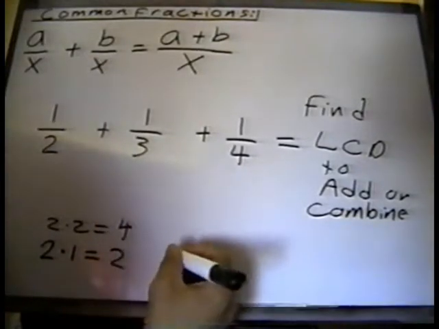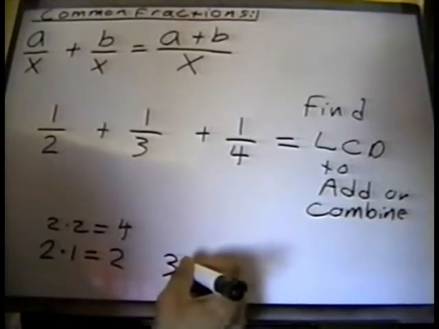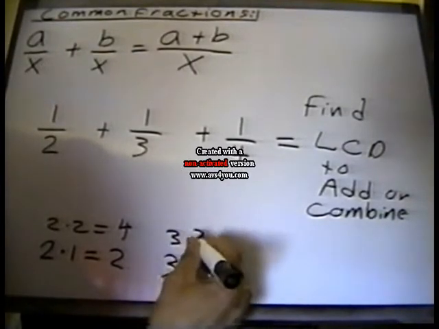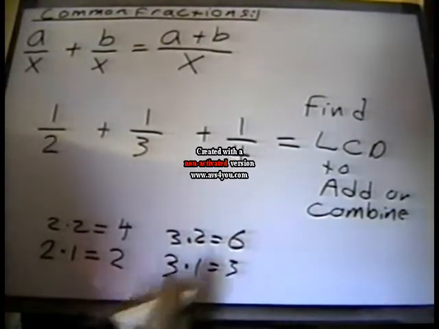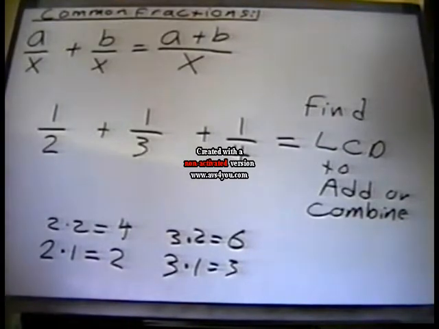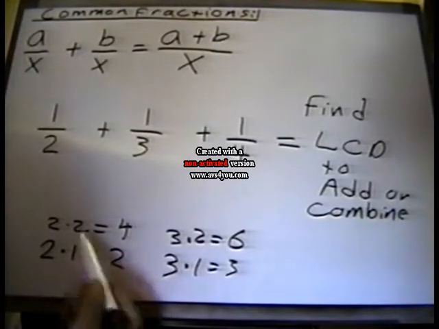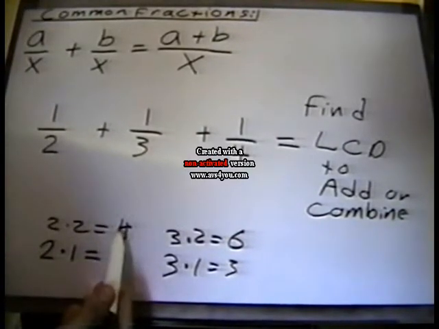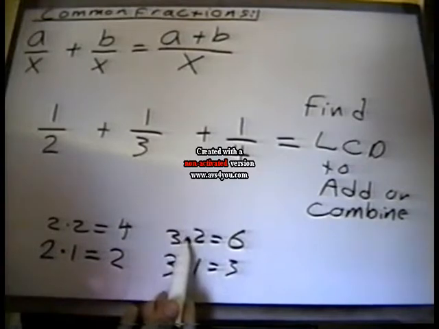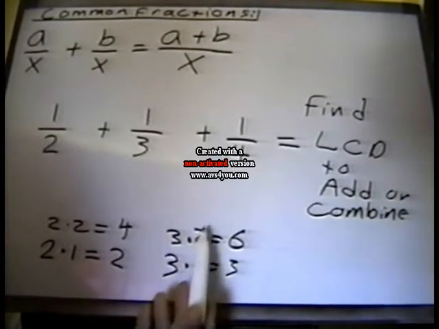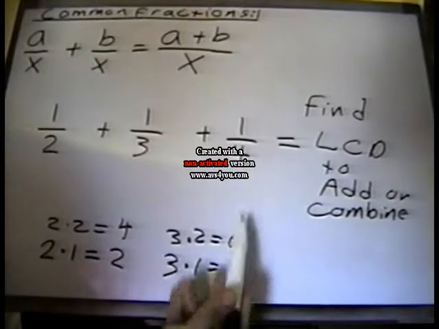See, because if we multiply 3 by 1, we get 3. 3 times 2 equals 6. Okay? So we multiply 2 by 2 to get 4. But if we multiply 3 by 2, we'll get 6. Now that shoots over 4. 6 is higher than 4.